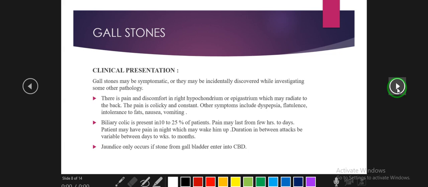Biliary colic is present in 10 to 25% of patients. Pain may last from few hours to 4 days. Patient may have pain in the night, which makes him wake up. Duration between attacks may be variable from a few days to weeks or to months. Jaundice only occurs if one of the stones from the gallbladder enters into the common bile duct and obstructs it.